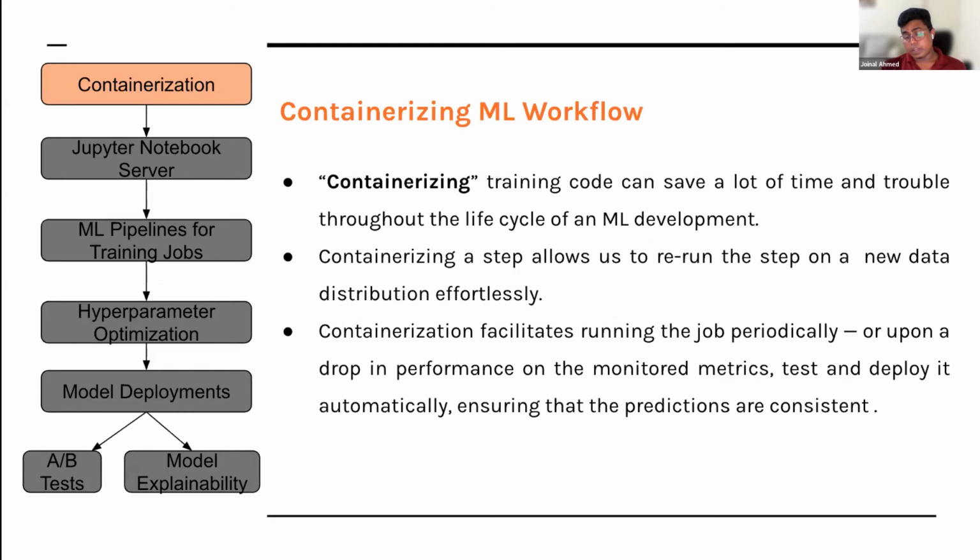I don't need to make the environment again. I do not need to install everything again. The container is just there. I can just pull the Docker image and start running it. It also helps if I need to run a job periodically, and we can make the overall ML workflow faster using containerization.